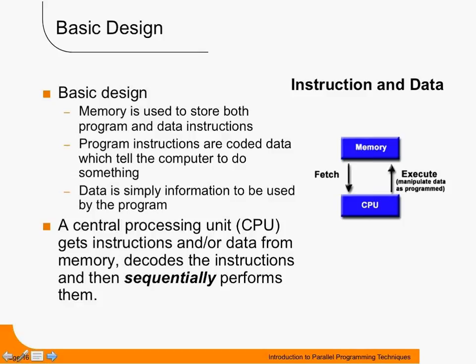So what we want to do is operate on that data, and it is processed sequentially. It stores A, stores B, and then performs the operation A plus B, and then it stores the results. All of this happens sequentially.